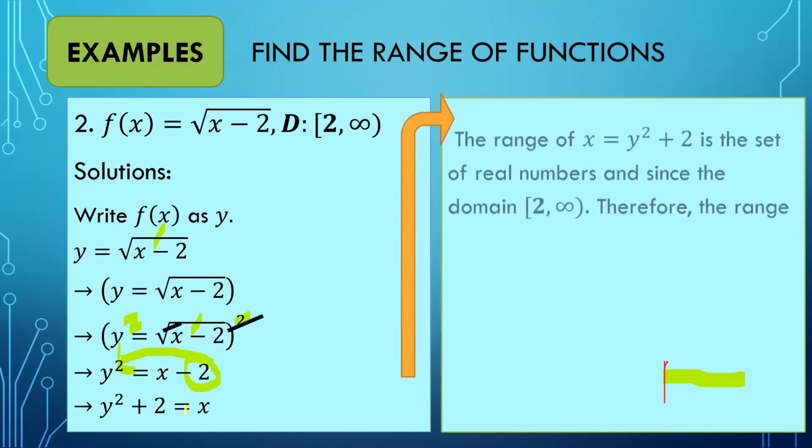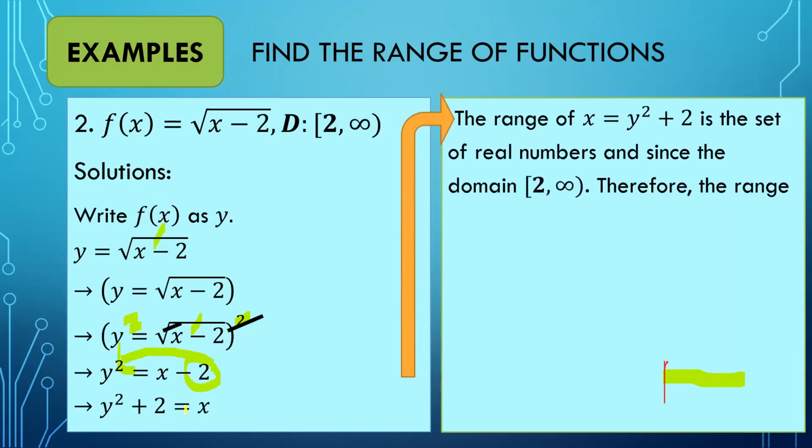So the range of x is equal to y squared plus 2, and this one is a polynomial. Therefore, the range is the set of all real numbers.